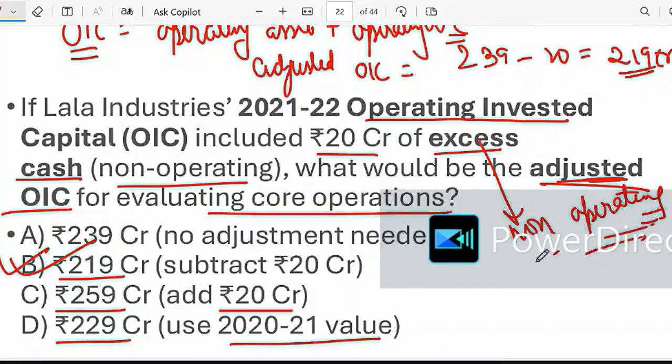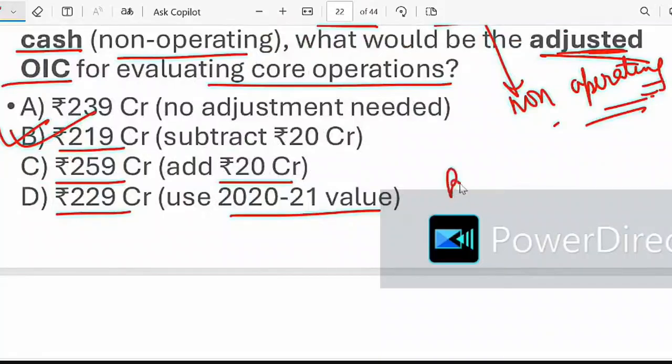So you can think of it like this. I am giving you one example to understand. Suppose there is a bakery. This bakery has rupees 1 lakh saved up in the bank account that is not being used to buy new equipment, ingredients, or pay for staff. It is just sitting there as cash.